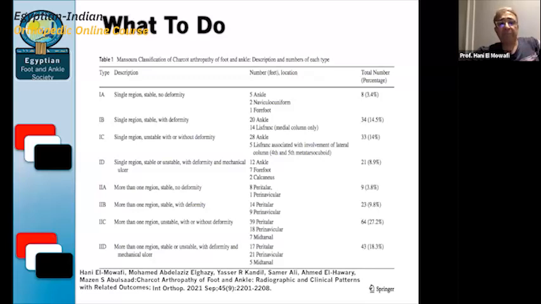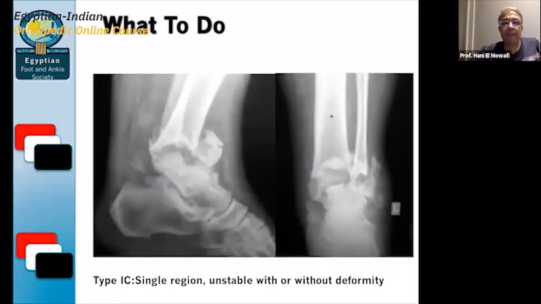So what do we do? If we see these cases, this is a type C. Type C means one region, which here is the ankle region only, as we see. But is it stable or unstable? It is unstable. This is the first point. There may be deformity or non-deformity, and here there is a little bit of valgus deformity, but deformity is not an important rule in this instability. The rule is the instability. So the patient must undergo fixation, to get a plantigrade and rigid fixation.